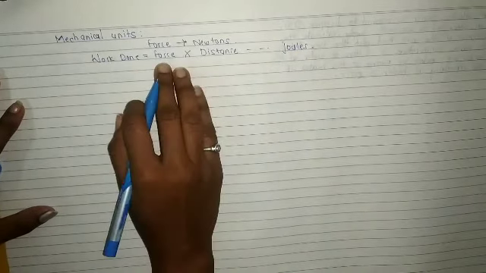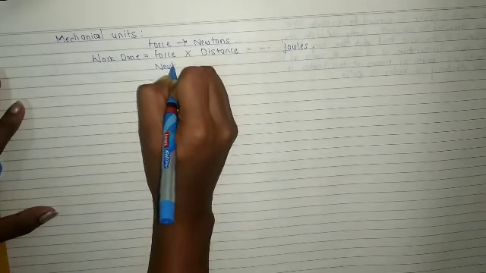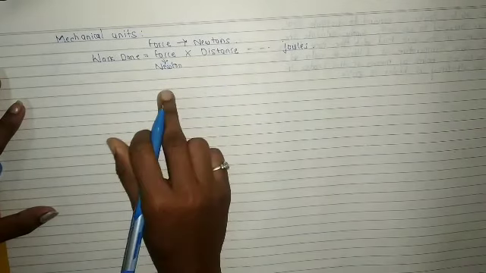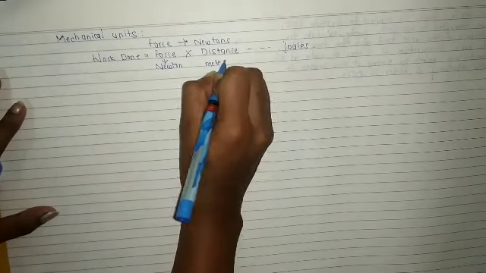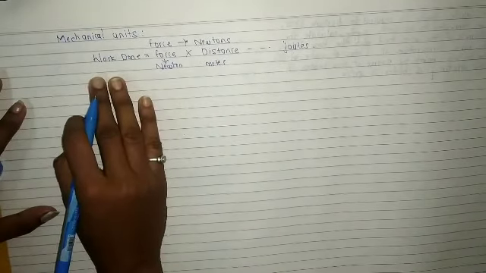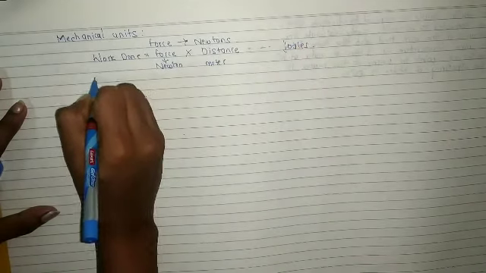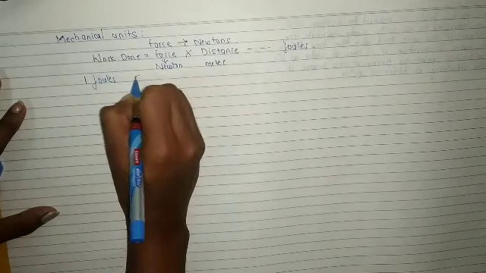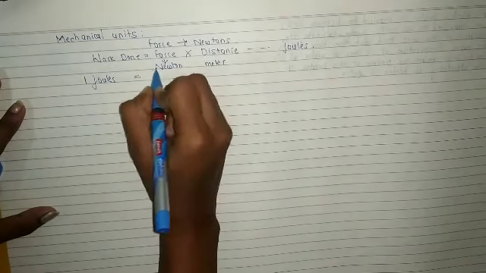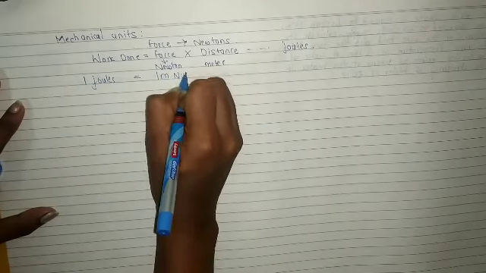The unit of force, we have seen, is Newton, and we measure distance in meters. So work done is measured in joules. 1 joule is equal to 1 meter Newton.